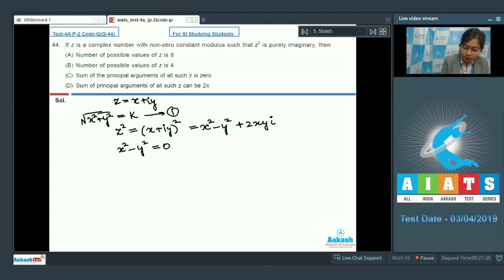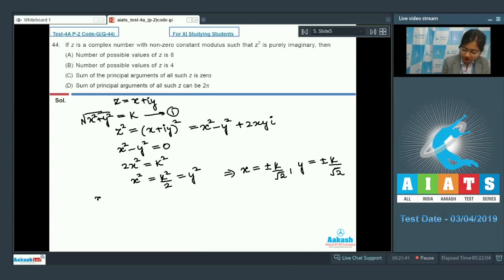So let us put it in equation 1. So we will get 2x square is equal to k square, that is x square is equal to k square upon 2, and y square is also equal to the same value. So from here we find that x is equal to plus minus k upon root 2. Similarly, y is also equal to plus minus k upon root 2.